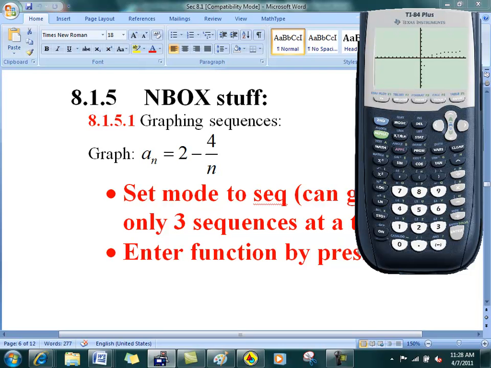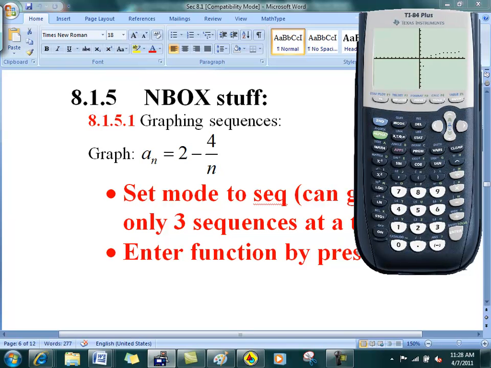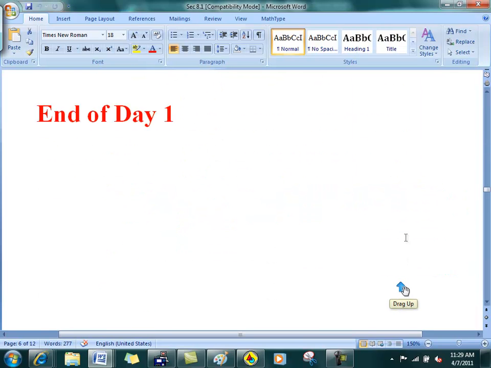U. Remember, it used to be y1. It's not y1, it's u. And the horizontal axis is n. And n is always going through integers. It's either 1, 2, 3, 4, 5, and so on. Not any fractional numbers. That is why it's a bunch of dots. You guys okay on that? Yeah? Okay, I think that's it.